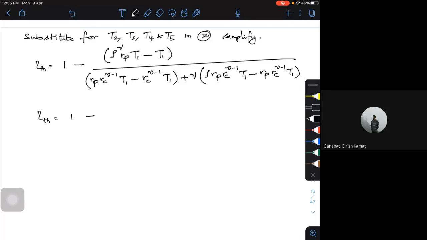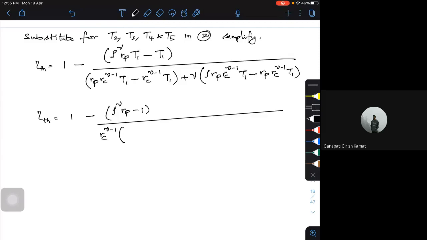So 1 minus rho to the power of gamma into RP minus 1, because T1 just gets eliminated. Then, in the denominator, I can take RC to the power of gamma minus 1 out, so T1 just cancels out.